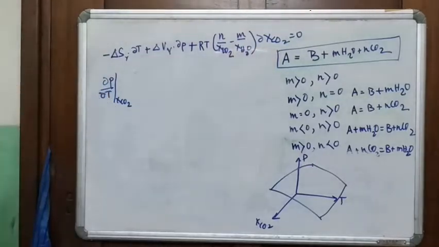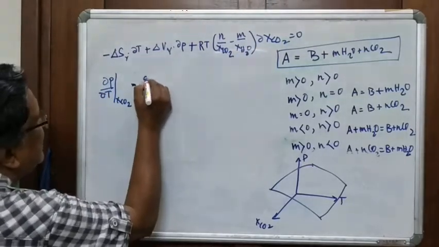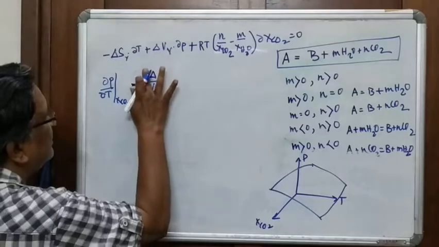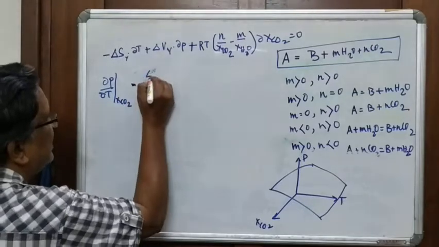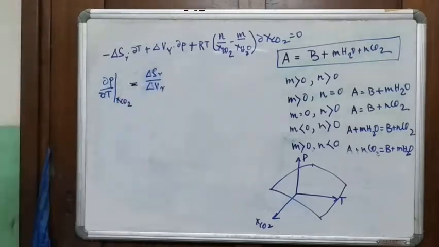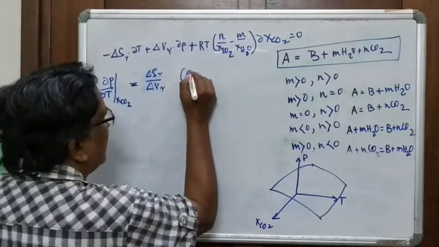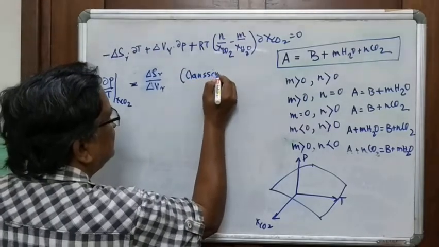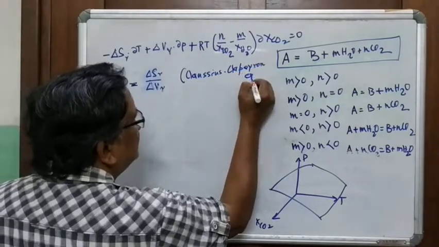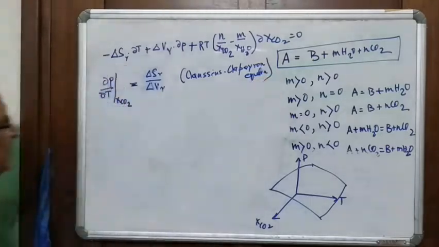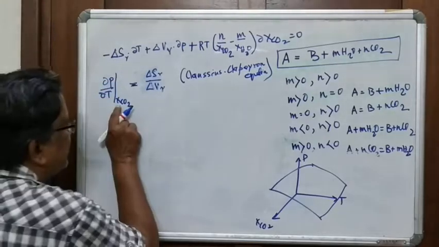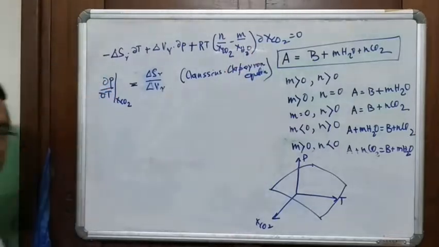What we have essentially is delta SR over delta VR. This is your very famous Clausius-Clapeyron equation. So dP by dT is equal to delta SR by delta VR at constant XCO2, at dXCO2 equal to 0.